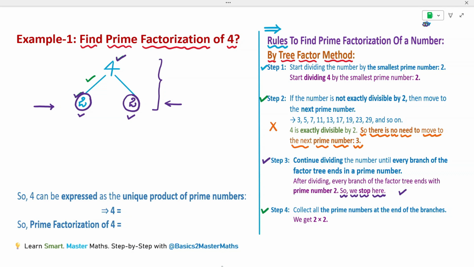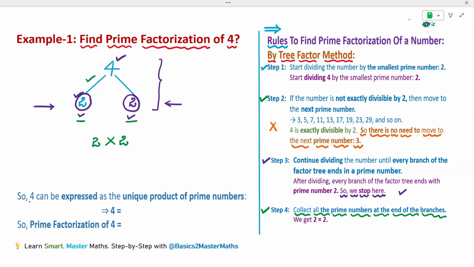Step 4. Collect all the prime numbers at the end of the branches. In this case, we get 2 multiplied by 2.